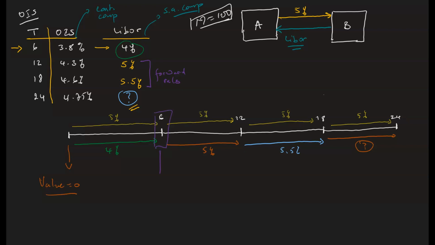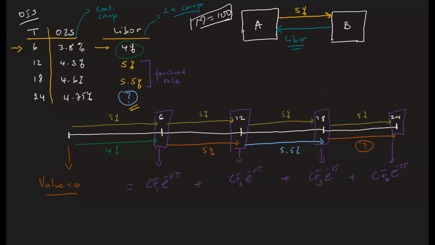We're going to find the first cash flow, find its present value, plus the second cash flow, find its present value, plus the third cash flow, find its present value, and then the last cash flow, this 4, that occurs here, and find its present value.